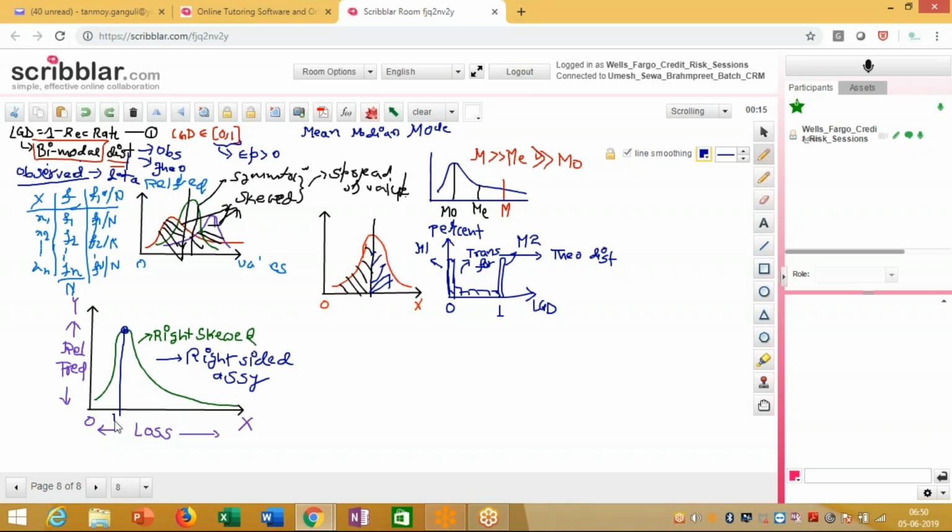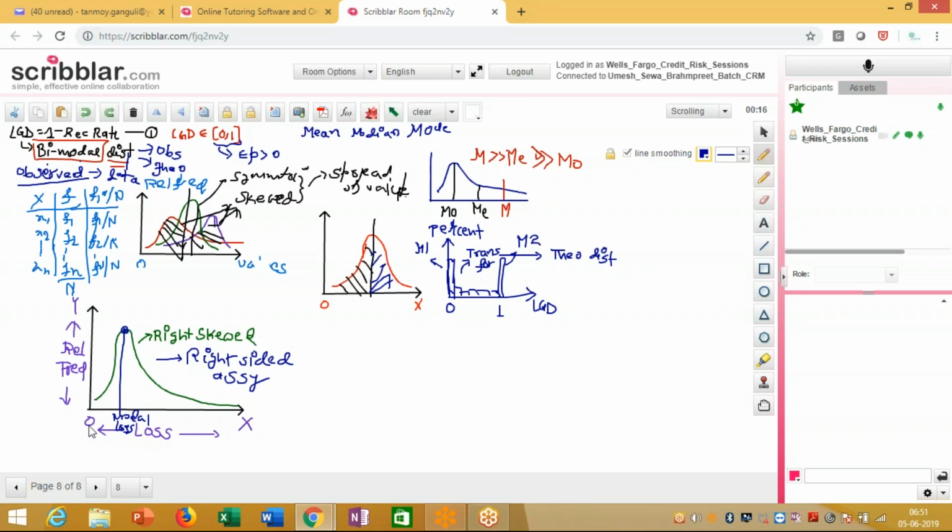So this is the part that I'll call the modal loss. In an observed distribution, the modal loss is the loss which has the highest frequency. But the question that comes next is the following.